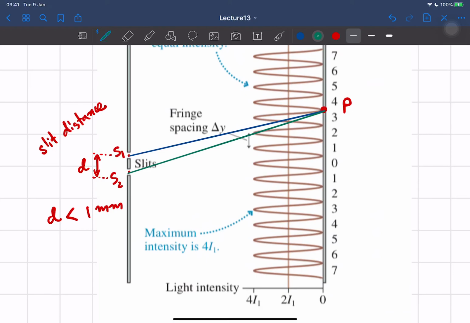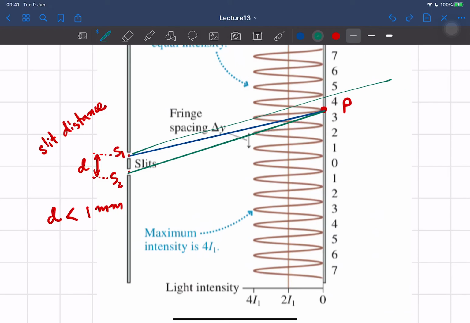And you see now that because d is so small, these two lines are almost parallel to each other. Strictly speaking, they are not parallel, because otherwise they cannot intersect here. Parallel lines will never intersect. You know that from primary school geometry.